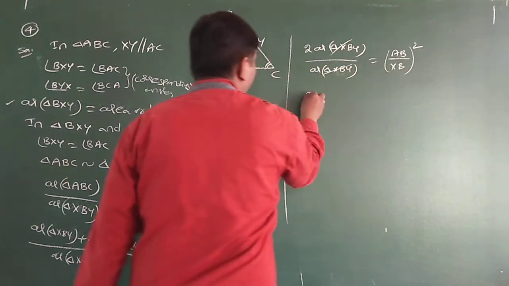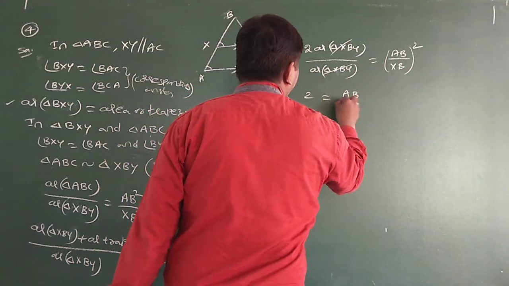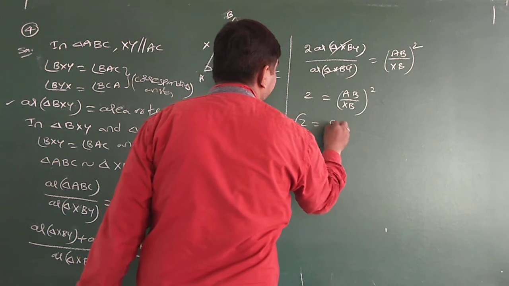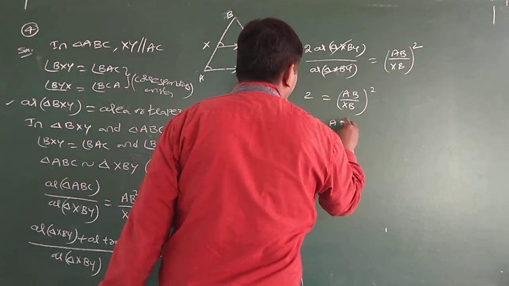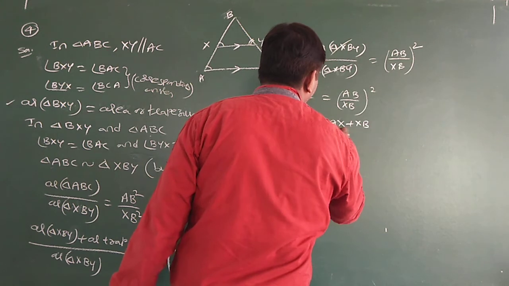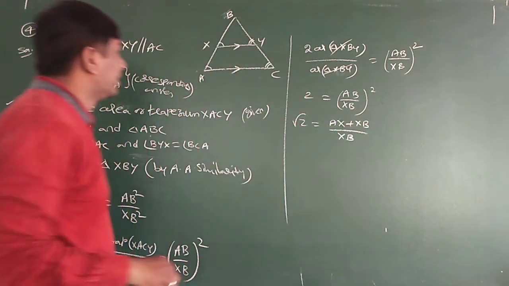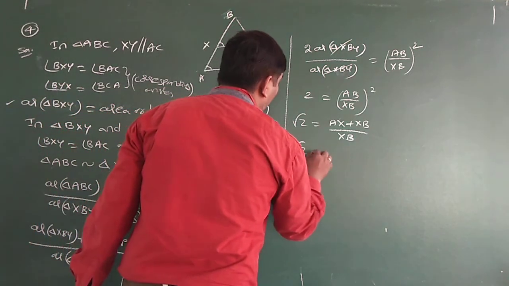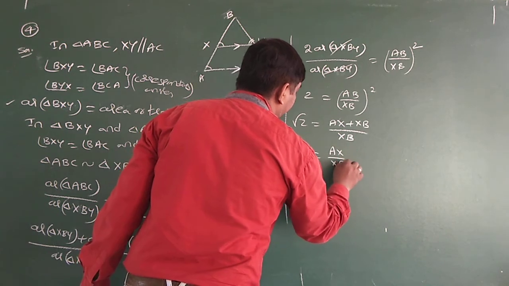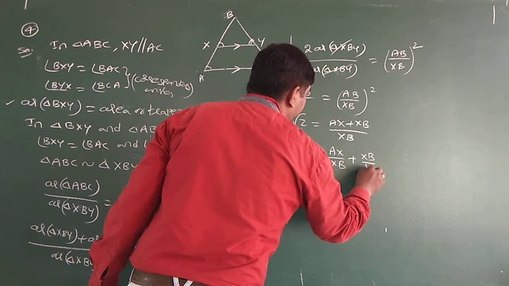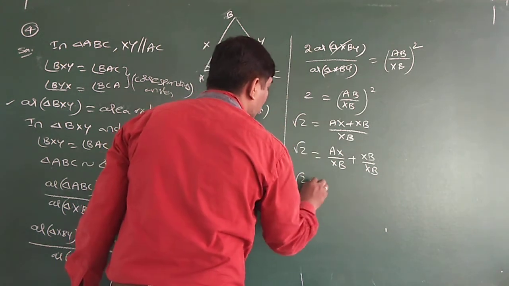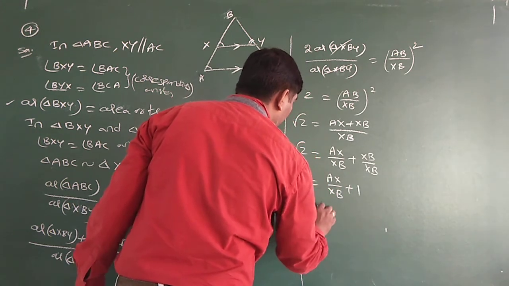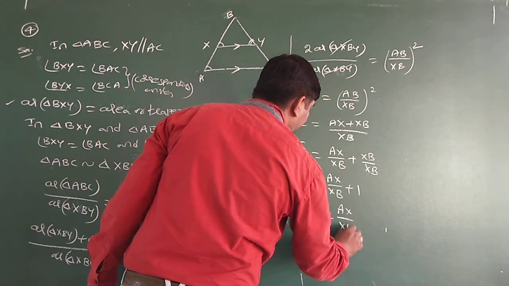Now this cancels, 2 is equal to AB by XB whole square. Transfer this: root 2 is equal to AB by XB. AB I write as AX plus XB, by XB. Now split this: root 2 is equal to AX by XB plus XB by XB. XB cancels, giving 1. Root 2 is equal to AX by XB plus 1. Send 1 to this side: root 2 minus 1 is equal to AX by XB.